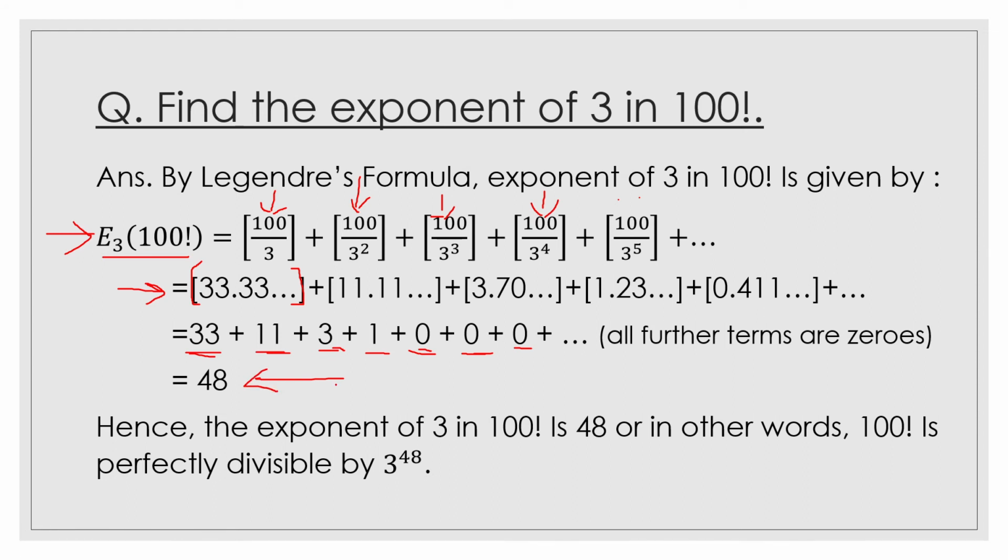Hence, the exponent of 3 in 100 factorial is 48. Or, in other words, 100 factorial is perfectly divisible by 3 raised to 48. If after dividing 100 factorial by 3 raised to 48, you divide the resultant by 3 again, you will not get a perfect integer answer.